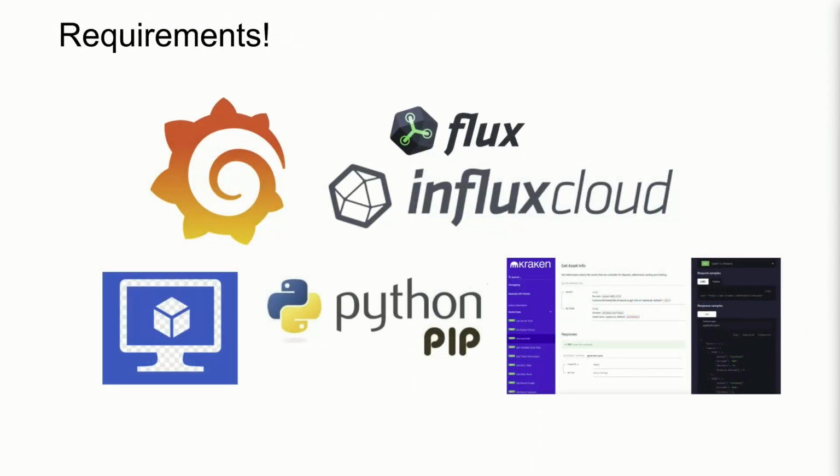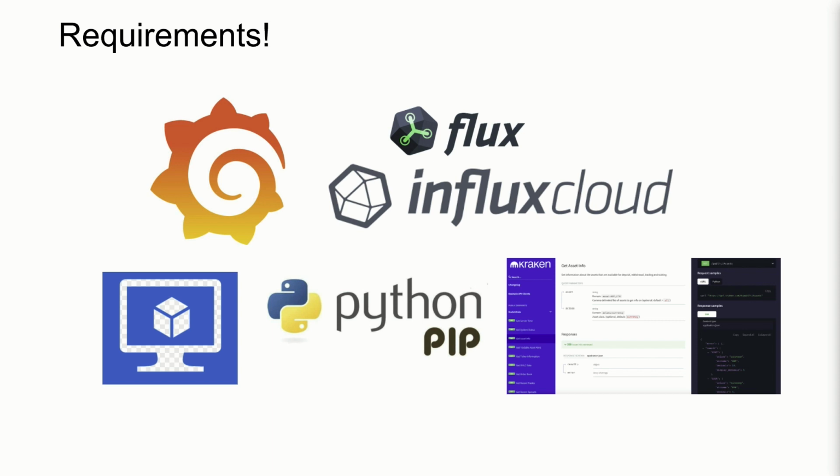So I thought some people might want to replicate this as well. It sounds complicated, but it's actually a very simple setup. You will need Influx, obviously. You'll need to use the Flux language for your calculations. You'll need Grafana to visualize the data. You'll need some sort of computer, a container or a VM, or even your laptop will do.